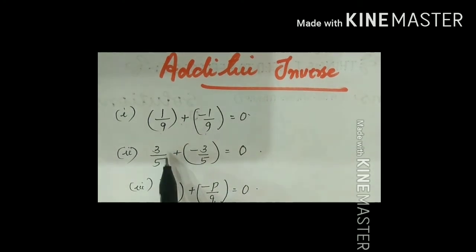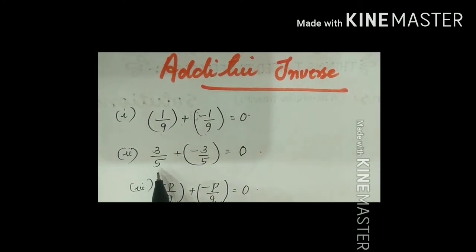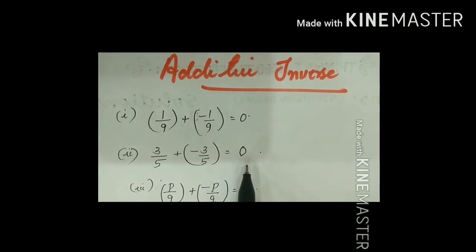Let's see another example here. 3 by 5 plus minus 3 by 5. What is the sum? Denominator is 5. Numerator 3 plus minus 3, which is equal to 0. 0 is the additive identity. What is the conclusion?